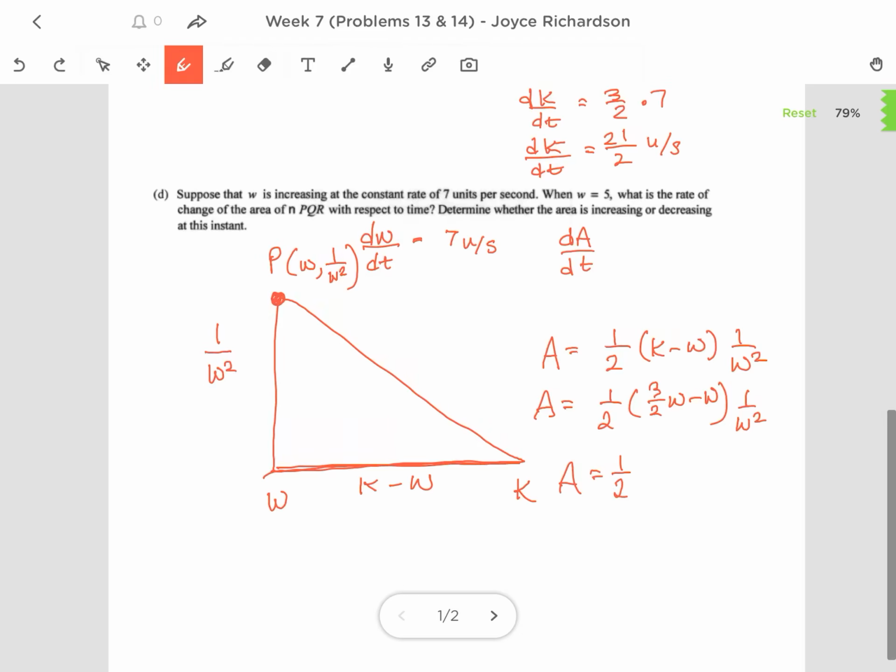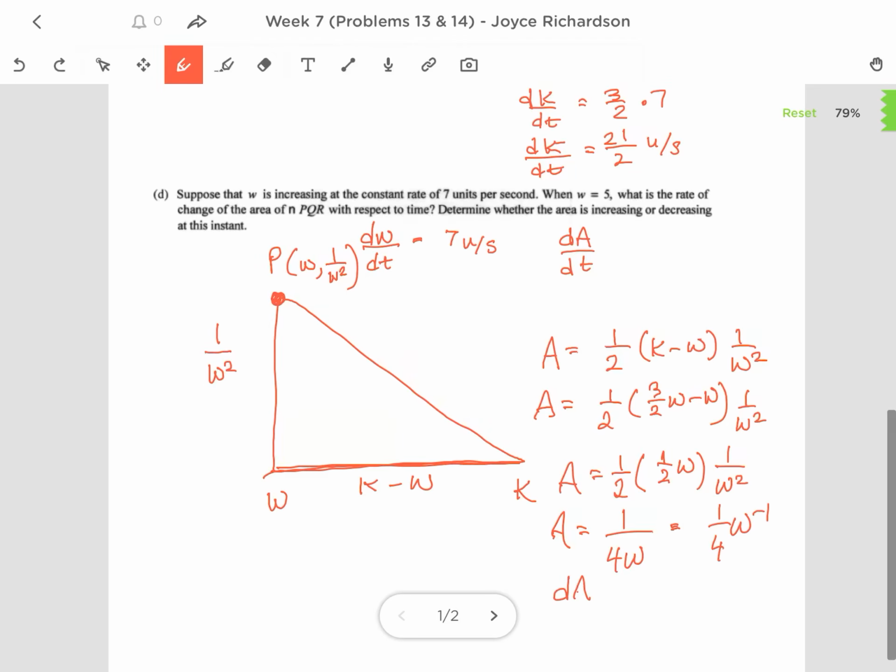But what I have is 1/2 times 1/2 w times 1 over w squared. And if I simplify it, I have area is equal to 1 over 4w. This is what I want to take the derivative of, or it is 1/4 w to the negative 1.